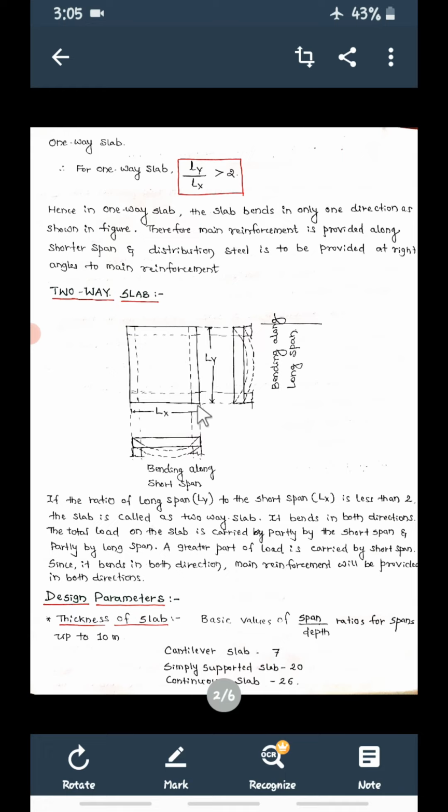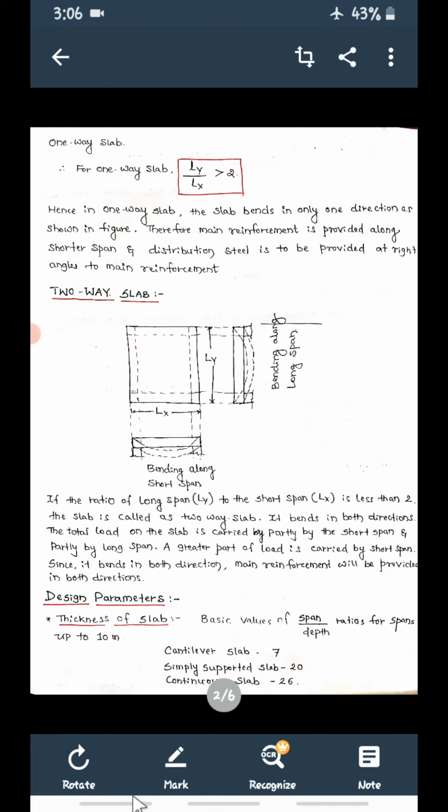If the load comes on this, the slab will bend like this also, and like this also. So the slab will bend in both directions, and then it is called a two-way slab.